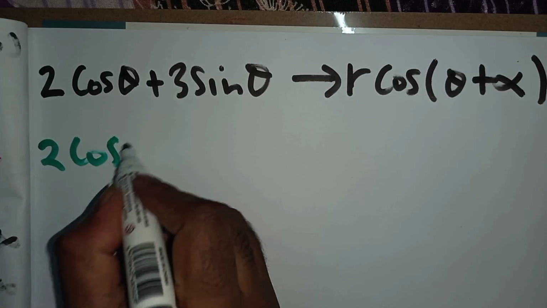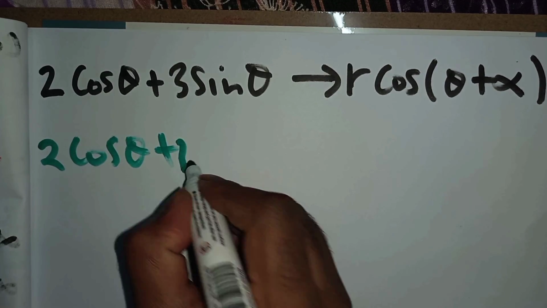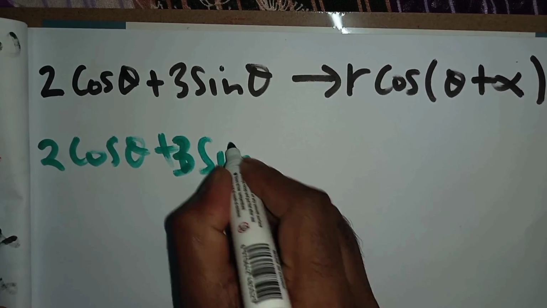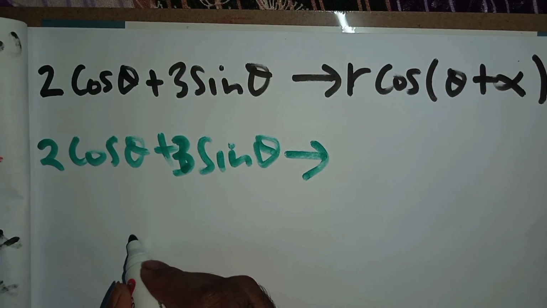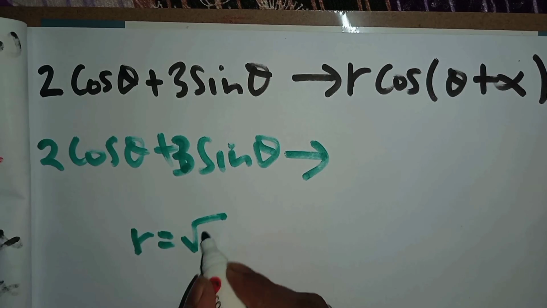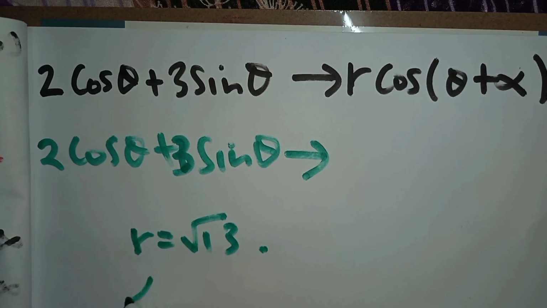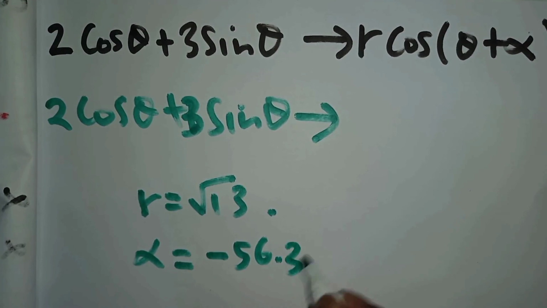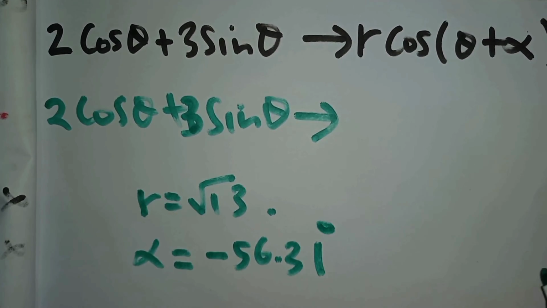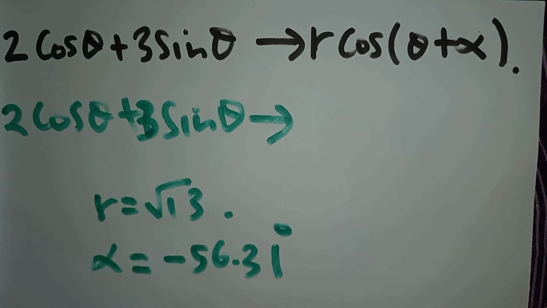So the value of r you found was root of 13, and the value of alpha that we found was negative 56.3 degrees, right? So that is what we're going to write here.